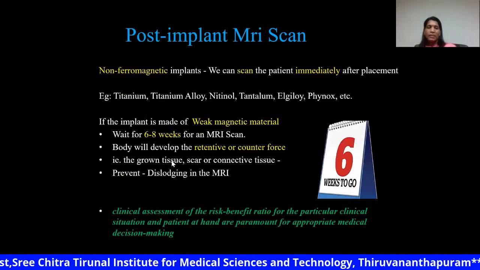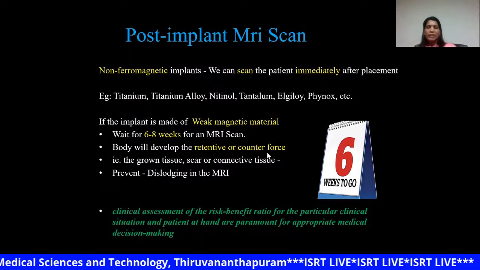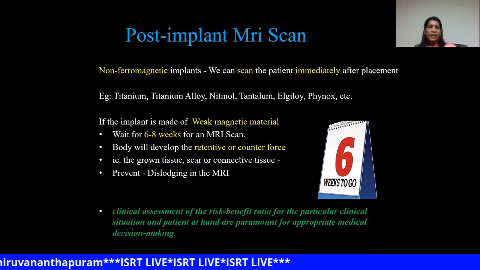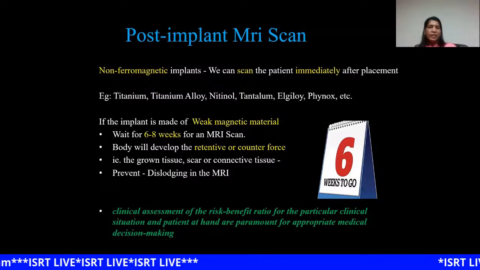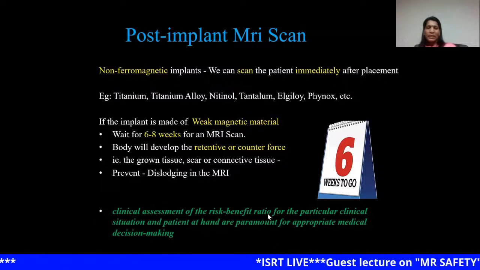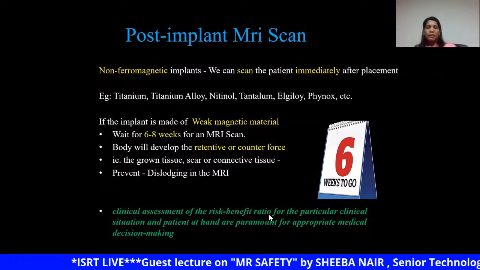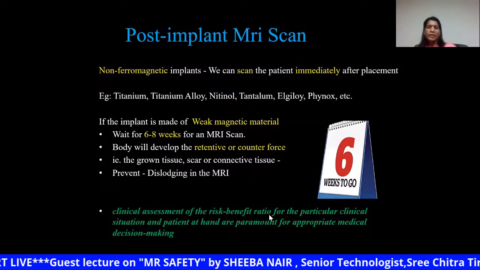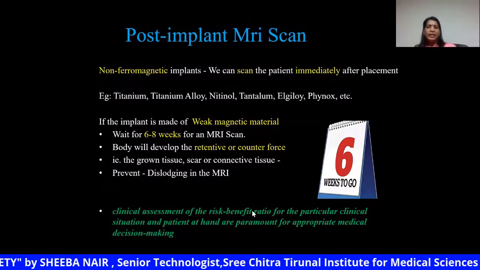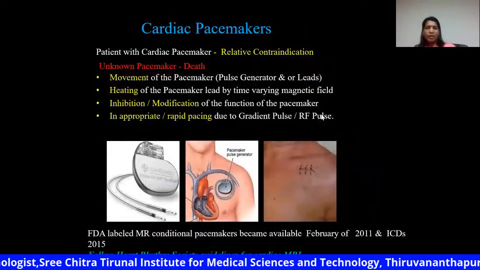By that time, fibrous tissue will grow over it, and sufficient retentive and counter force will develop within the implant, which will prevent dislodging of the implant. So for all implant patients, it is always better to do the risk-benefit analysis on an individual basis. What is the clinical urgency in such a patient, and then we have to take the decision accordingly.